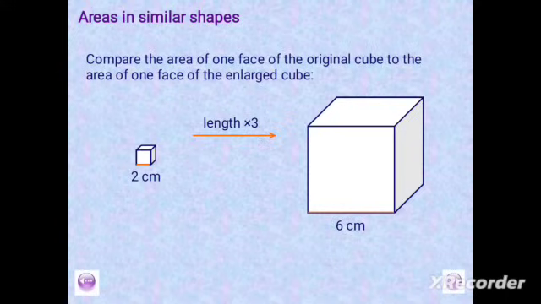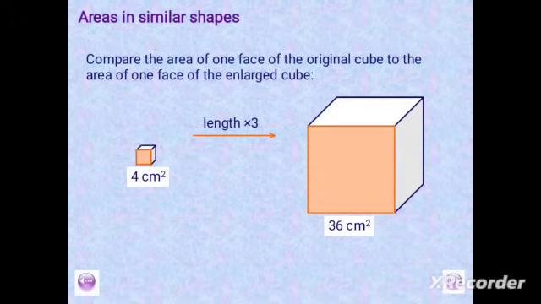So it means the area of one face is 4 square centimeters, and after an enlargement, the area of one face of the enlarged cube is 6 times 6, that is 36 square centimeters.